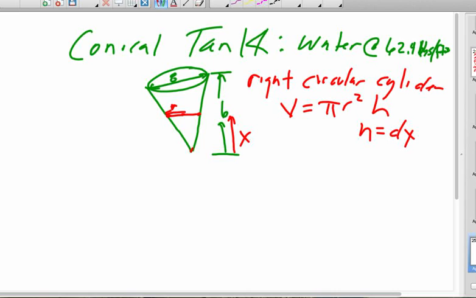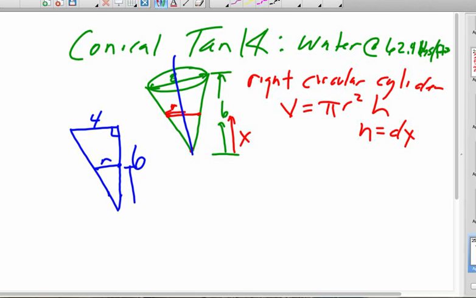Okay, so the trick to doing these is to imagine you can take a slice right down the middle. So what I'm going to do is look at a cross section of this cone, sliced down the middle. I've got a right angle here. This is 4. This is 6. Here's my r, and this is x.